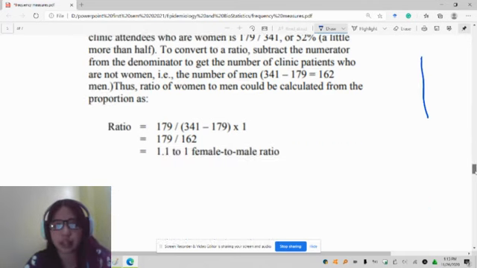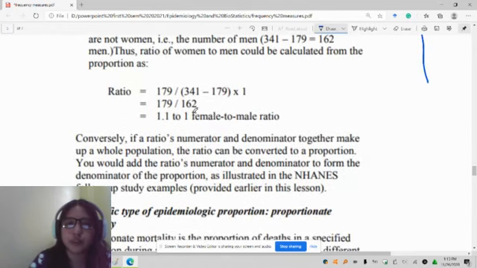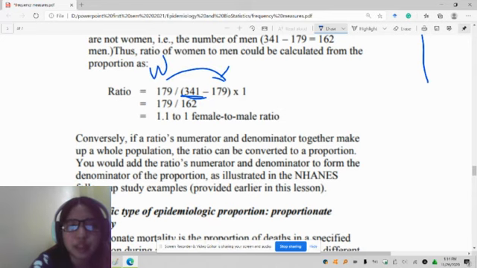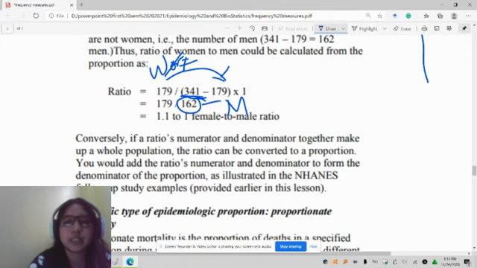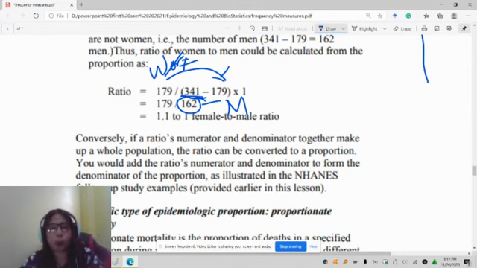So how is that done? If you notice, this is the total 341, less the case of women. If this is the women, then 162 is the male. So it means that 179 all over 162, or 1.1 to 1 female to male ratio, or you can also reverse that.